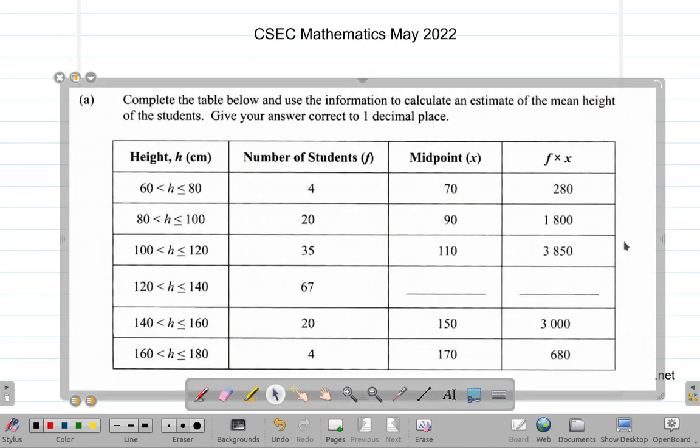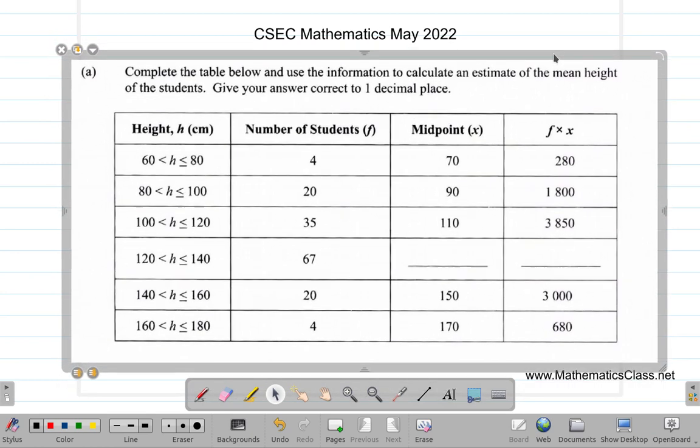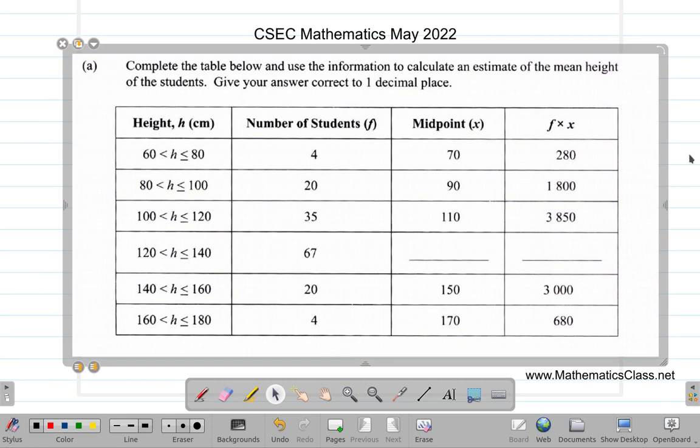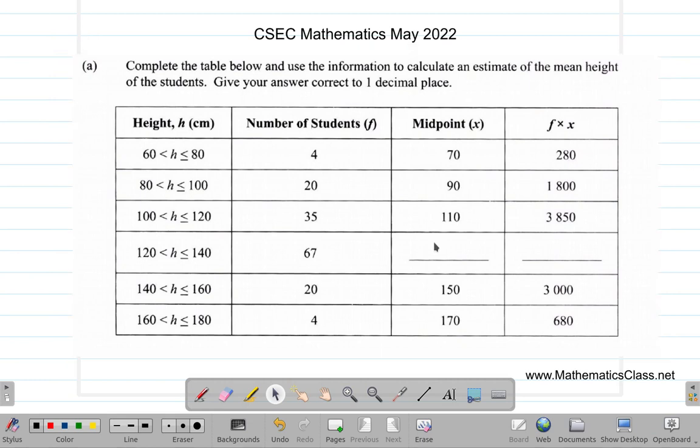So, first of all, you're to complete the table. What they want you to do is write the value for the midpoint, and then f times x.